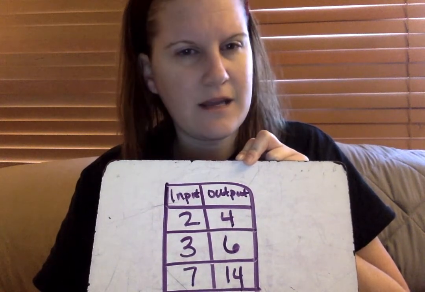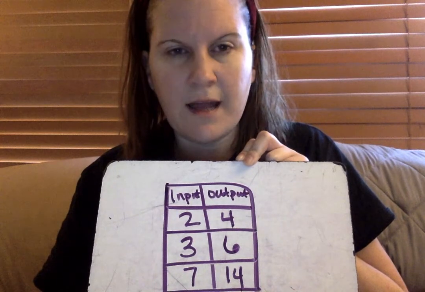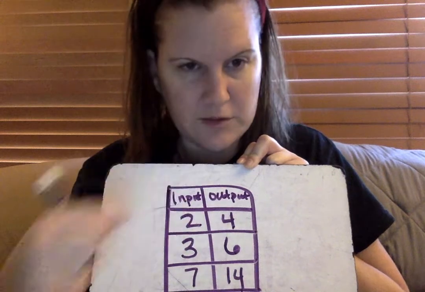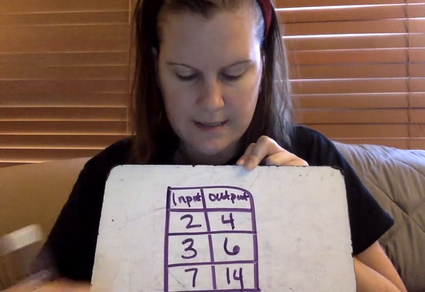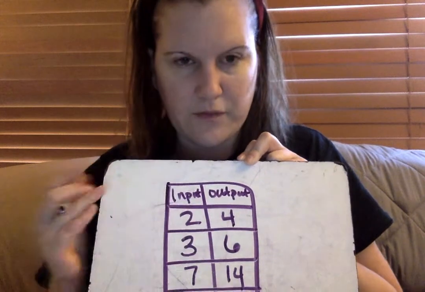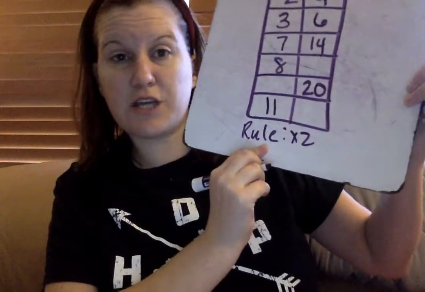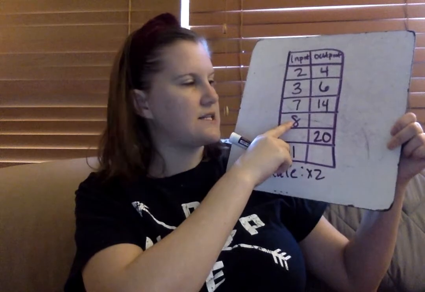Is it adding, subtracting, dividing, multiplying? I know that 2 times 2 equals 4. 3 times 2 equals 6. 7 times 2 equals 14. So I bet the rule is times 2.